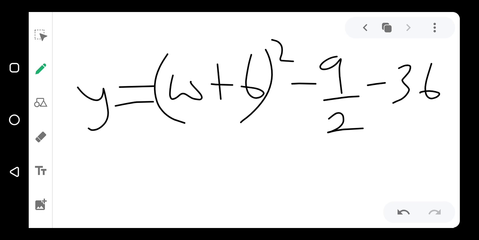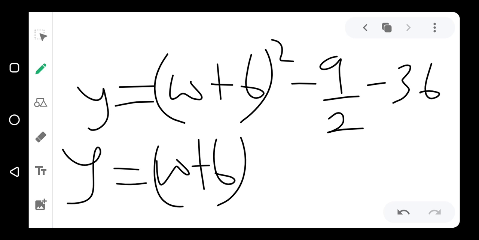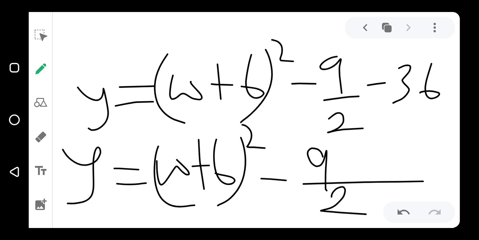Now this gives us y equals w plus 6 squared, then this is LCM 2, minus 9 minus 72 over 2.